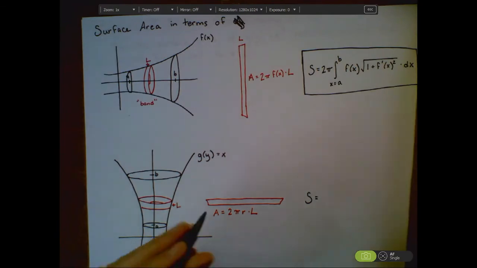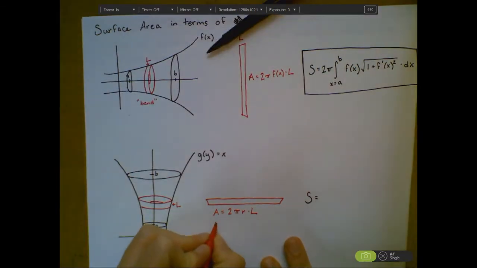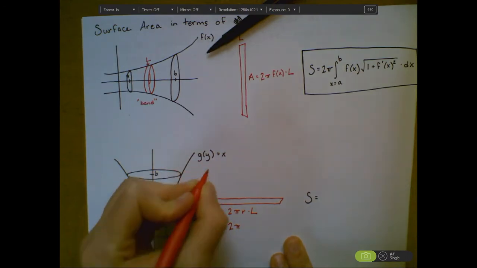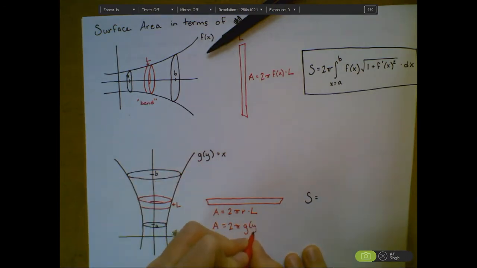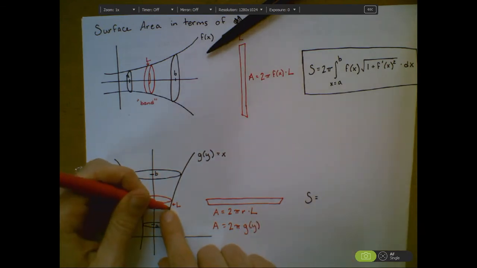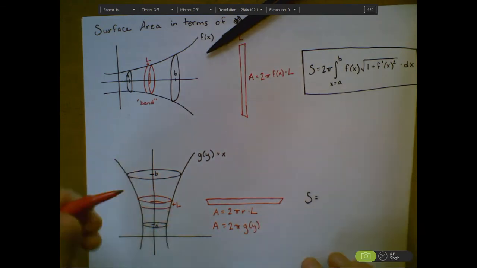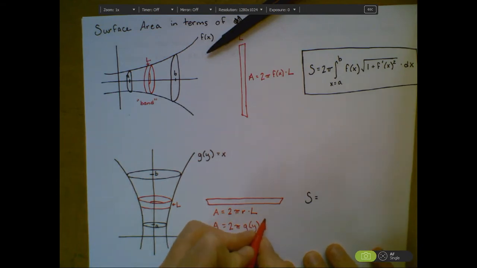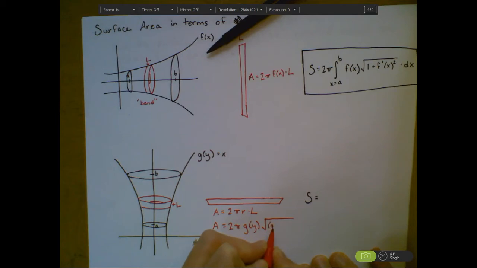So that means that here, our area is going to be equal to 2 pi, our radius we just said was g of y, and then L is going to be this little arc length along the end, and we're going to use the formula that we generated just previously. It's going to be the square root of g prime of y squared plus 1.